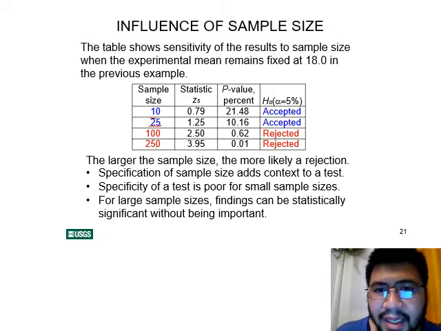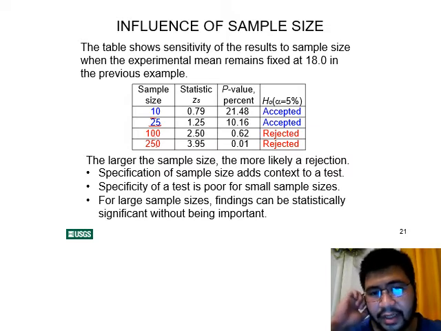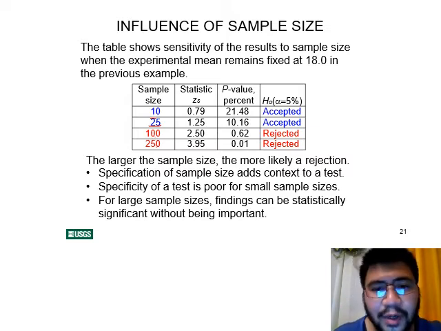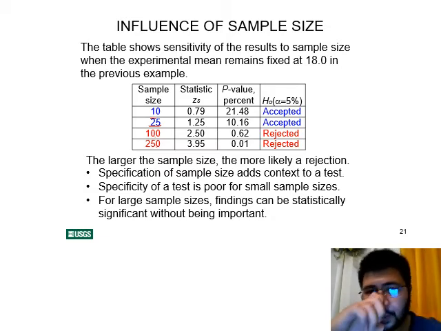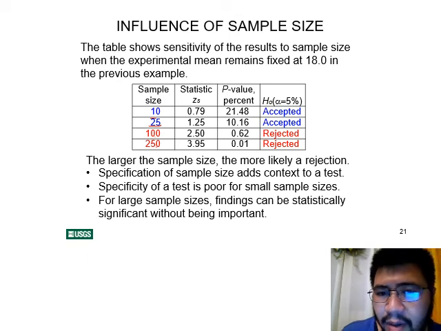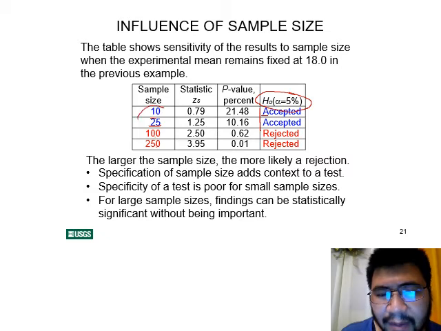As a result, you will get different z-scores: 0.79, 1.25, 2.5, and of course also different p-values corresponding to your z-scores. Your level of significance is 5%, and note that the lower sample sizes were accepted here.